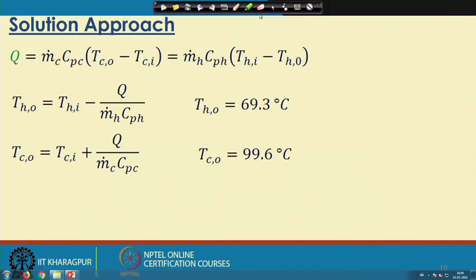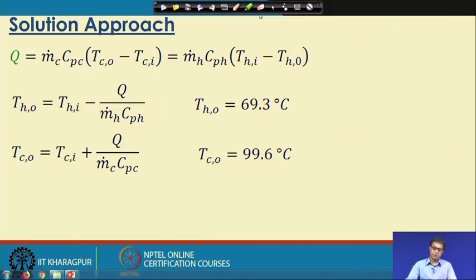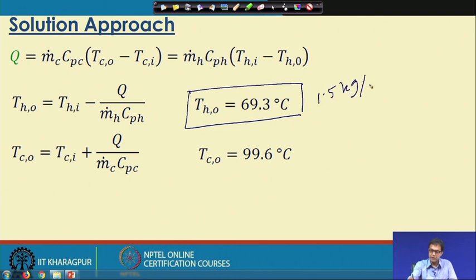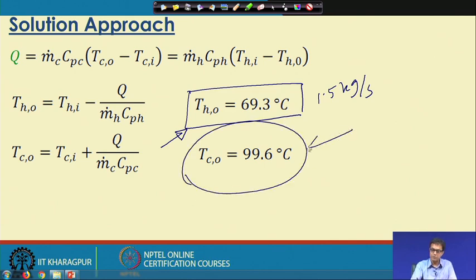So that design problem now becomes a simulation problem. As we have seen, we designed a heat exchanger where the operating parameter was changed and the flow rate of the hot fluid was changed to 1.5 kg per second, and that changed the hot exit temperature to 69.3 degrees centigrade, whereas the cold exit temperature has now come to 99.6 degrees centigrade.